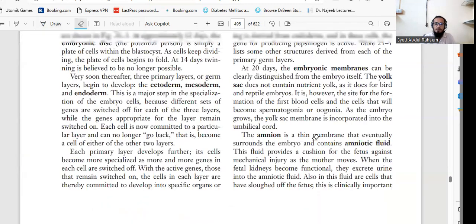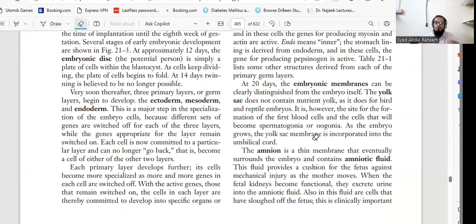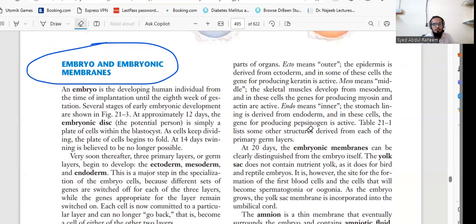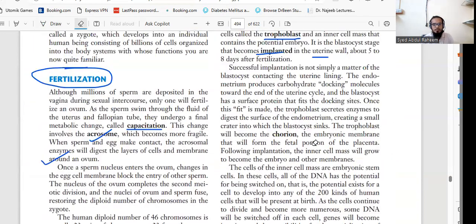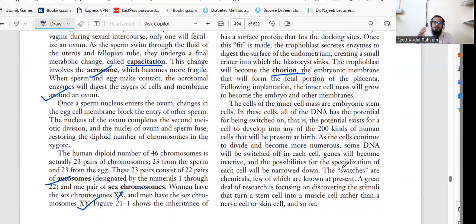The endometrium membrane will break down and the cells will enter into that layer. The inner cell mass will grow to become the embryo and other membranes. Gradually they multiply and develop into the membranes.